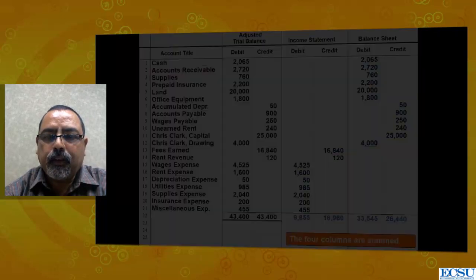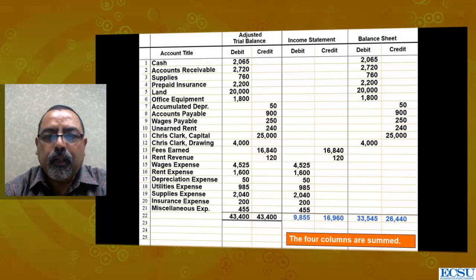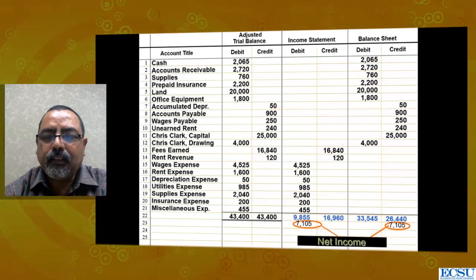Now the point here is the four columns. When you add up the income statement and the balance sheet, each of those sets of columns will have the same difference, like 16,960 and 9,855 and 33,545 and 26,440. Those two sets of columns in the balance sheet and two sets of columns in the income statement will have the same difference in amount, that is 7,105, and that is the net income.